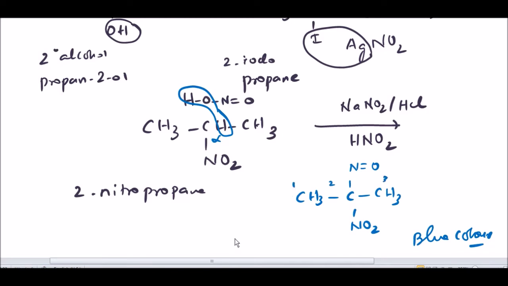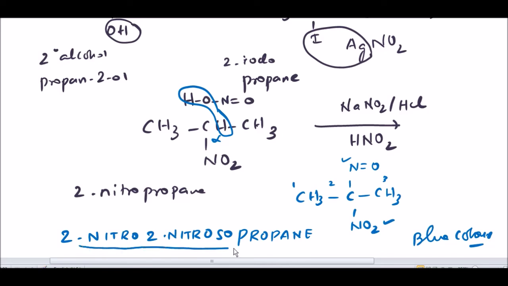There are 3 carbon atoms, so you call it propane, the parent chain, and there is a nitroso group at the second position, so 2-nitroso, and a nitro group is also present at the same second position, so it is 2-nitro, 2-nitroso-propane, and this has blue color.